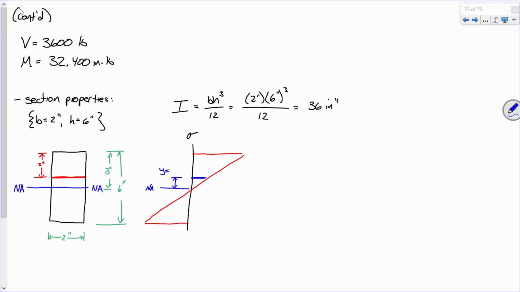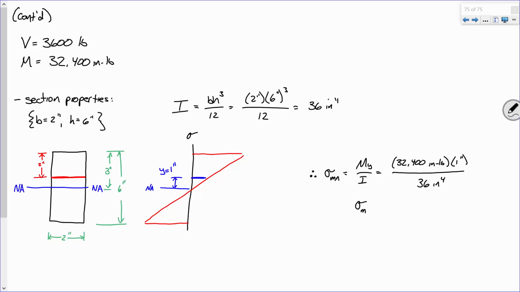One inch, because, hold on, let's remember, sigma equals My over I. Where is y measured from? Not the datum, the centroid. So y is 1 inch. Therefore, the bending stress, or the axial stress, is My over I, which is 32,400 times 1 inch over 36 inches to the fourth.